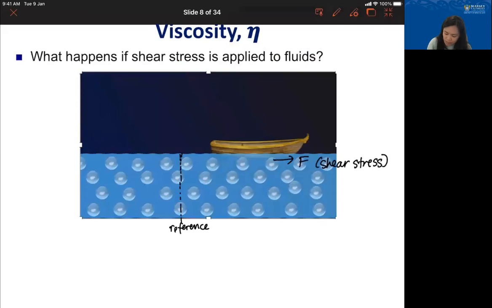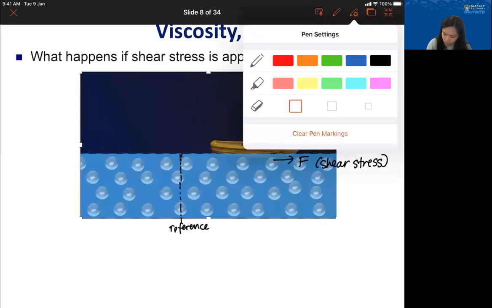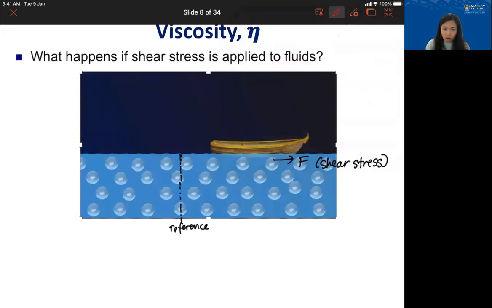So notice that on top, close to where the shear stress was applied, this particle here moved quite far. If you look at the displacement of that particle, it was displaced quite far relative to the reference point.